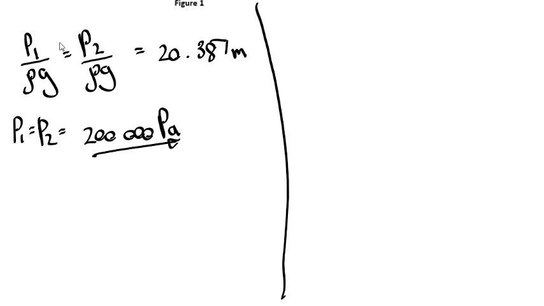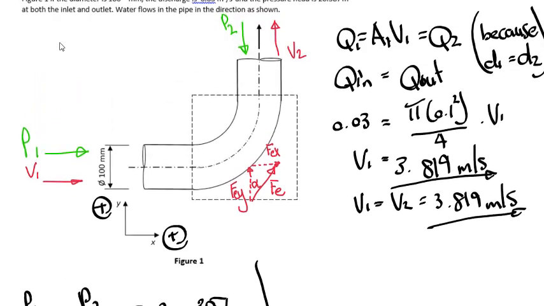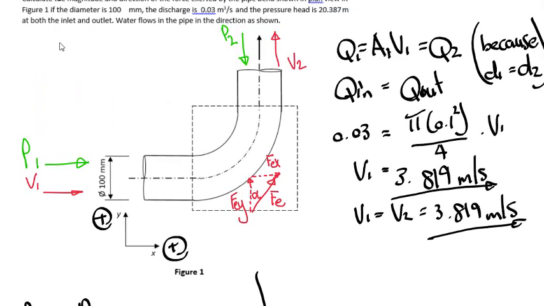So now you need to note the pressure forces from the control volume shown. Have we done our control volume? Yes, I've given you the control volume here. This is the start of the control volume. It shows that the pressure at point 1 produces a force in the positive x direction, and there is no other pressure in the x direction, so the component of force in the negative x direction is 0.